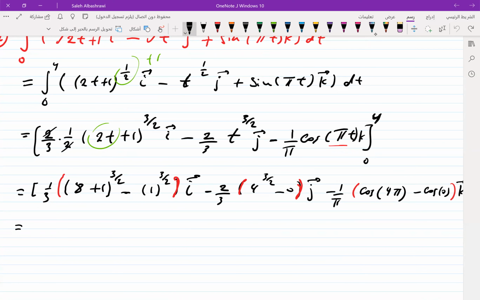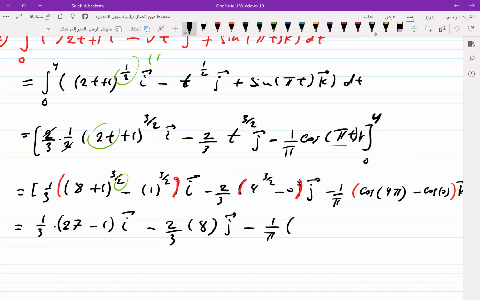So the first one, I have 1 over 3. This is 9, square root of 9 because this one means square root. So square root of 9 is 3, to the power 3 equals 27, multiplied by 27, minus 1, i, the first one. Minus 2 over 3 times 8 minus 0: square root of 4 is equal to 2, to the power 3 is equal to 8. This is j. Minus 1 over pi times cosine of 4 pi.